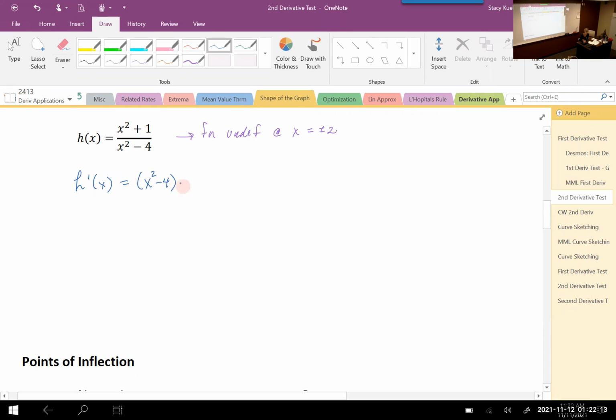The derivative of the numerator is 2x. Low-de high minus high-de low. So we're going to say minus the numerator, x squared plus 1, times the derivative of the denominator, which is again 2x, all over the denominator squared.